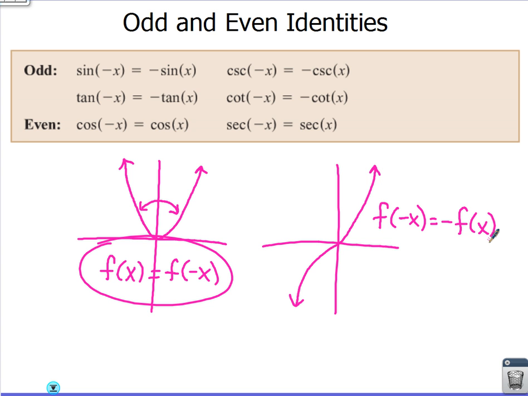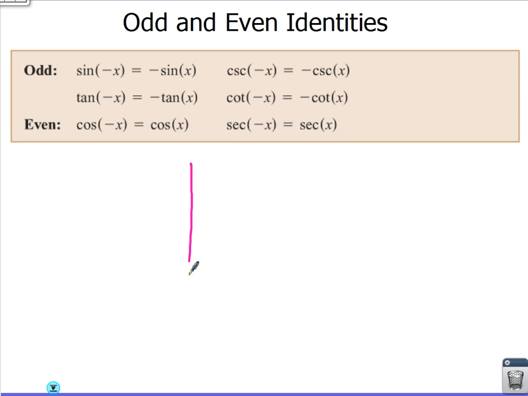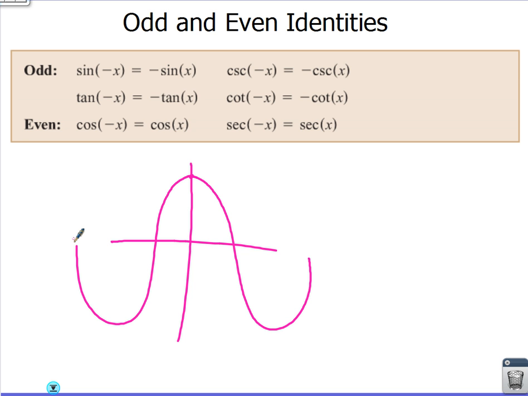Now think about what we did with sine, cosine, and tangent. And the other three are going to follow suit. Think about the graphs of those things. When we graph, cosine of 0 is 1, and then it does this number. Is cosine an even or an odd function?